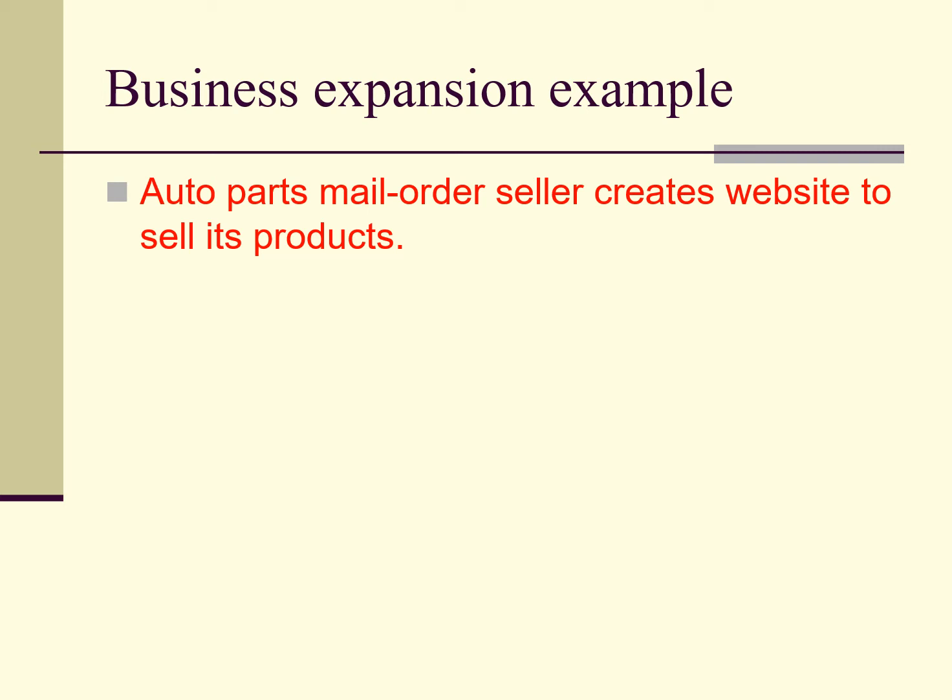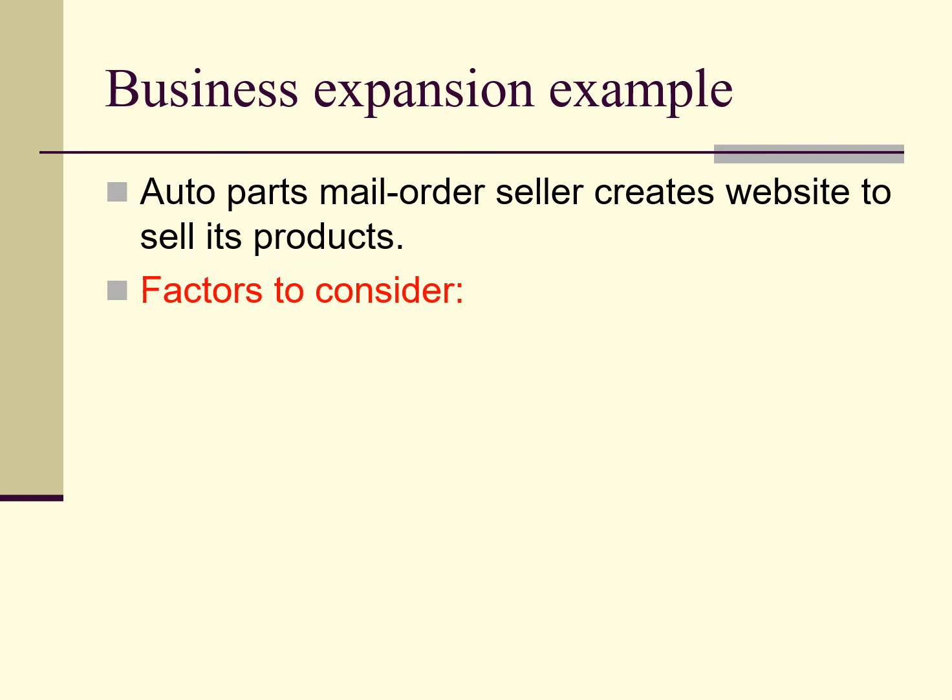It creates a new website to sell its products. The website is essentially an online Parts Inc. mail-order catalog. The website and the mail-order catalog, while having different order entry systems, share the same accounting, inventory, and delivery systems.